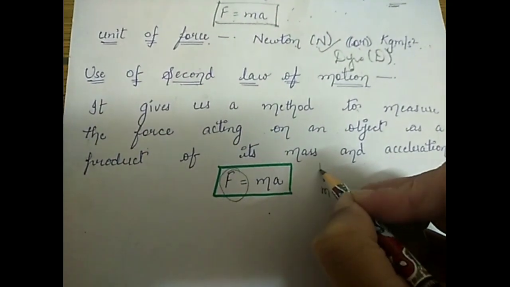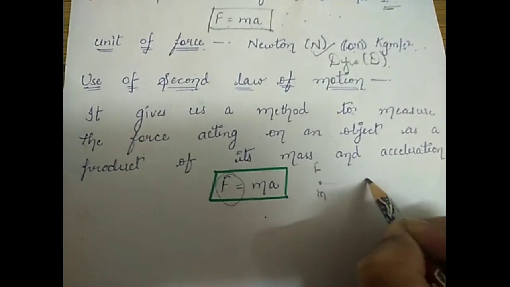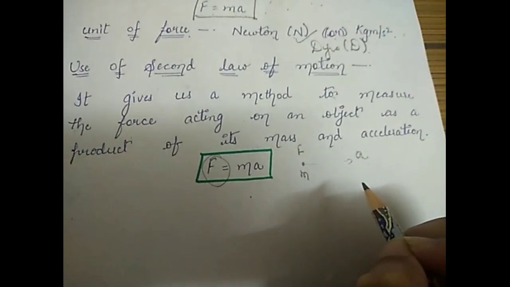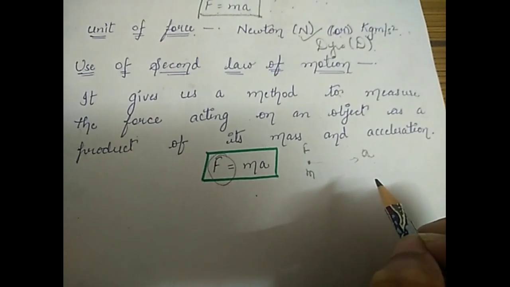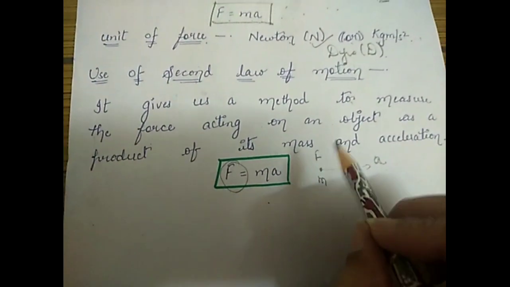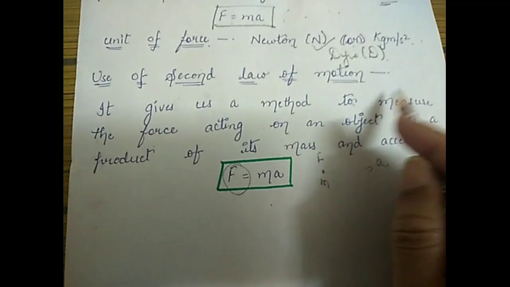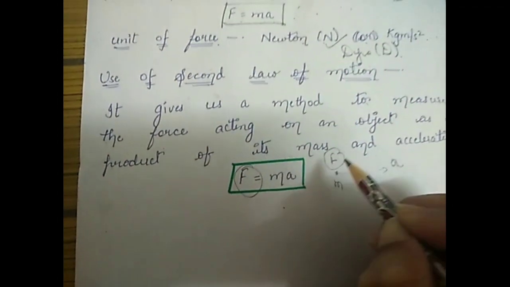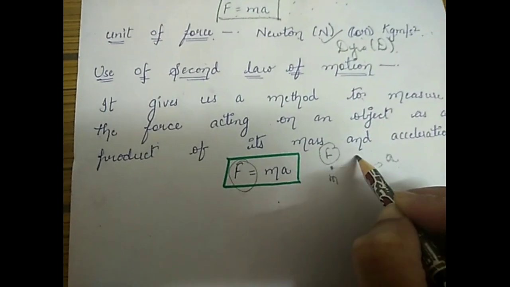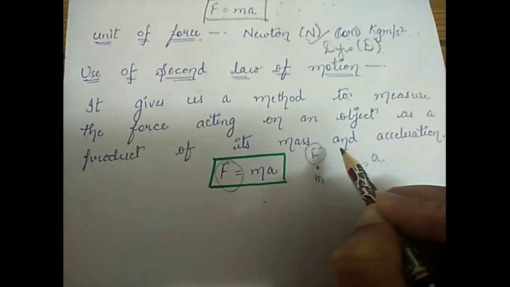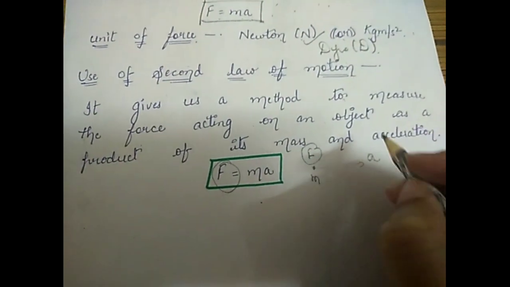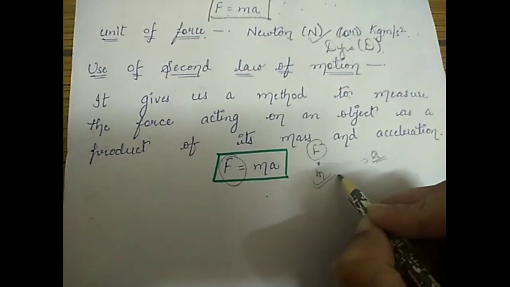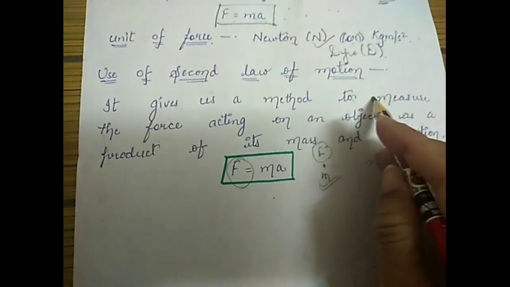When we apply a force, it gains an acceleration. With the help of Newton's second law of motion, we find the value of F, that is, how much force we should apply, or how much force we have applied, so that we get this acceleration a in mass m. This is the use of the second law of motion.